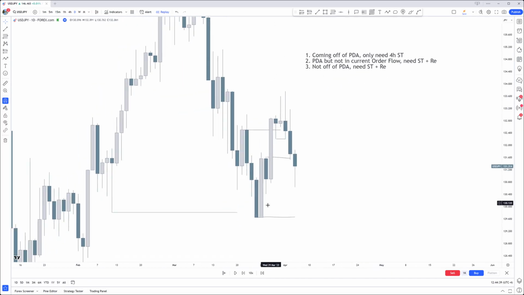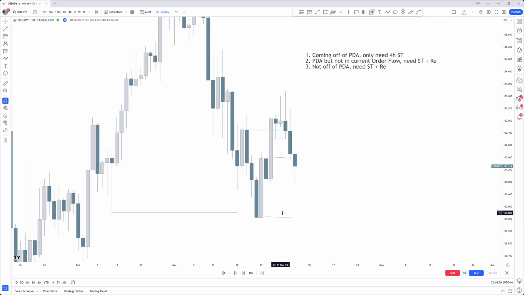The first one, if, for example, we are coming off of a PD array already, we only need a 4-hour ST to already get involved. Again, we will learn to combine the time frames more and more.